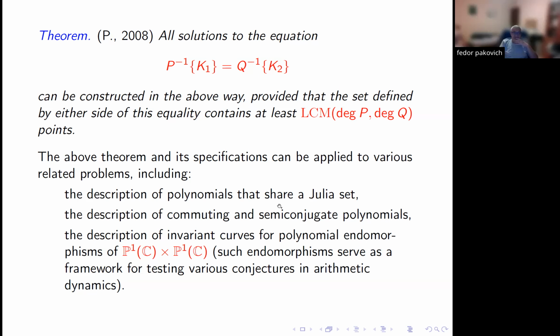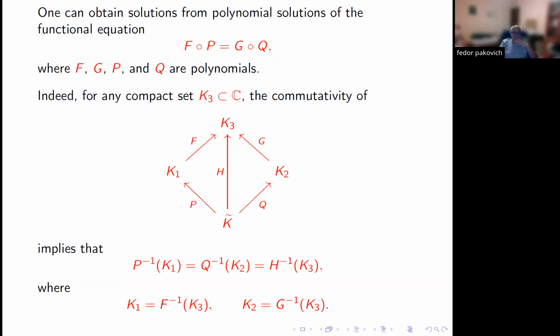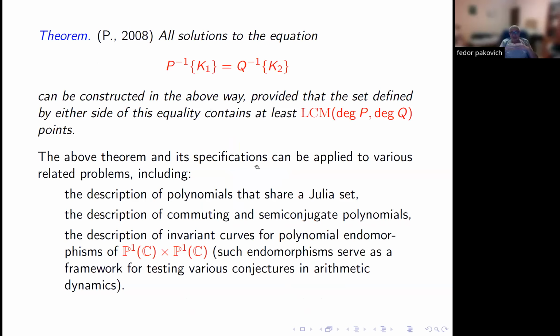Okay, so now this theorem has a lot of applications, and it has applications to known problems, like for example, description of polynomials sharing Julia set. It also has application to description of commuting and semi-conjugate polynomials.